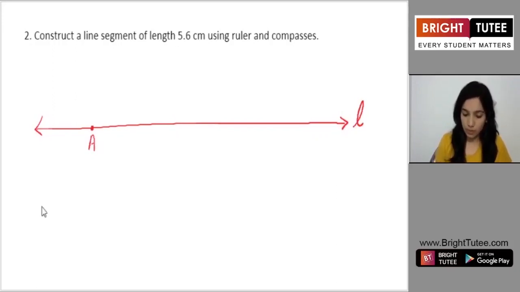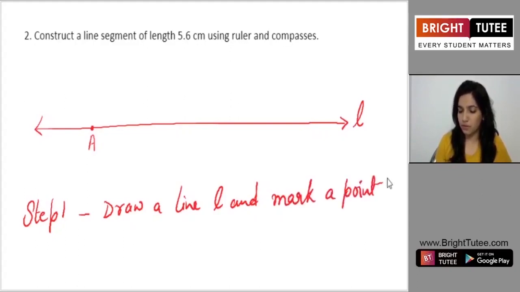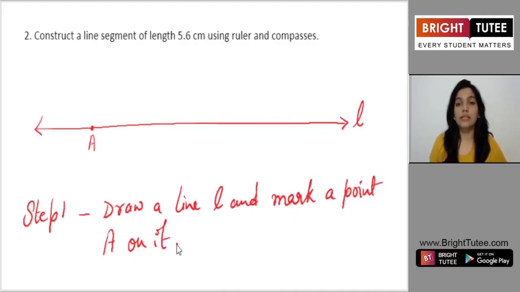So step 1 is: draw a line L and mark a point A on it. Okay, so this is the first step that we need to follow.